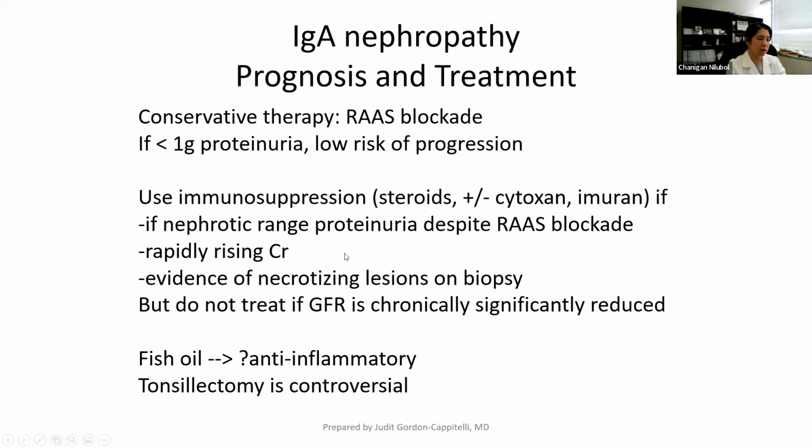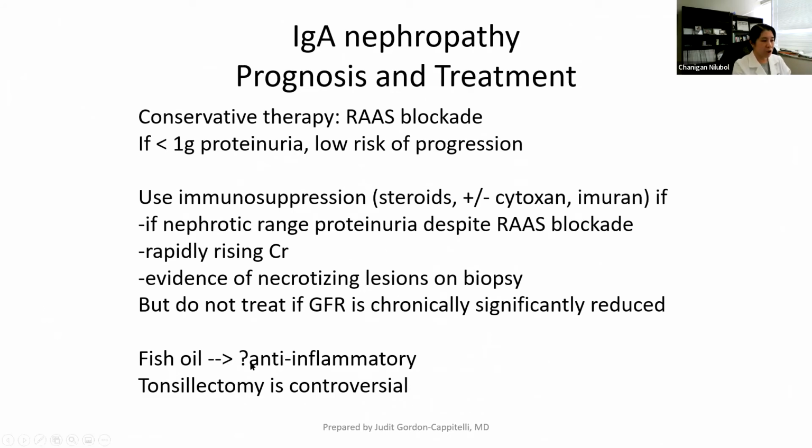It really depends. Not all patients respond to steroid, Cytoxan, or even rituximab, Cellcept. It has all been tried, but there's no big landmark study about the treatment for IgA yet.